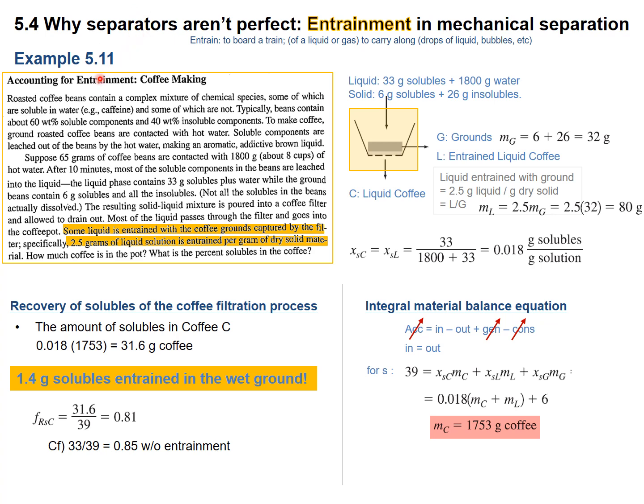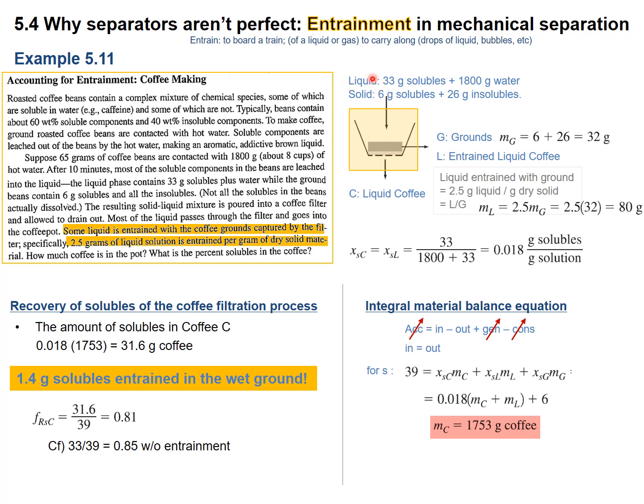Okay, here is example 5.11, which is about coffee making. The situation is summarized here. As you know, this is the filter paper for the coffee, and something is introduced into the coffee filter. What is that?